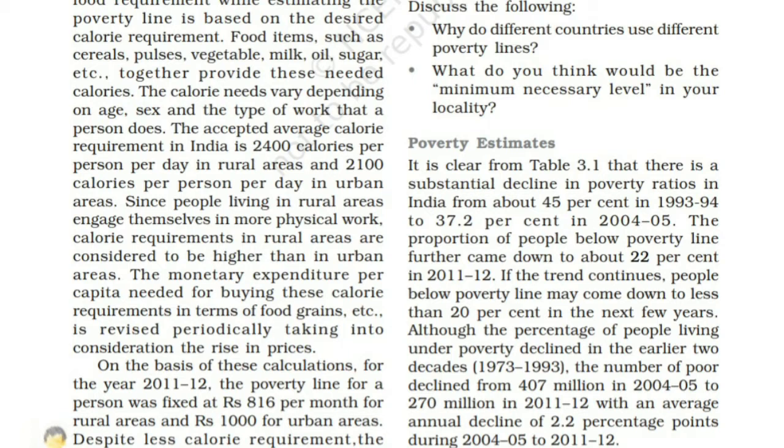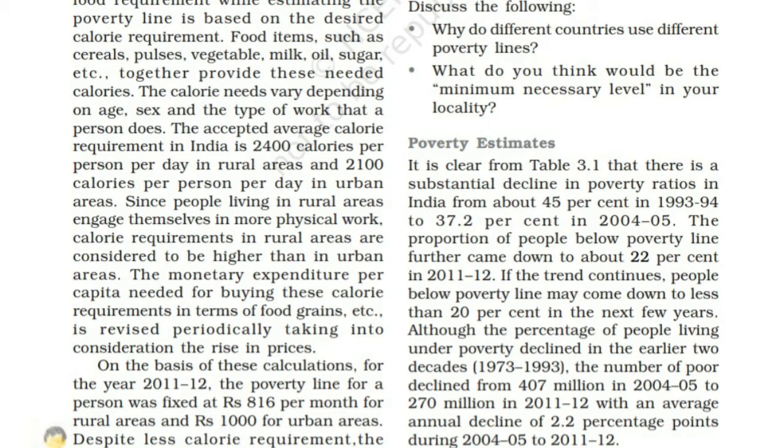You see the difference? In rural areas, the person requires 2400 calories per day. At the same time, in urban areas, the person needs 2100 calories. How did this difference happen? People living in rural areas engage themselves in more physical work.